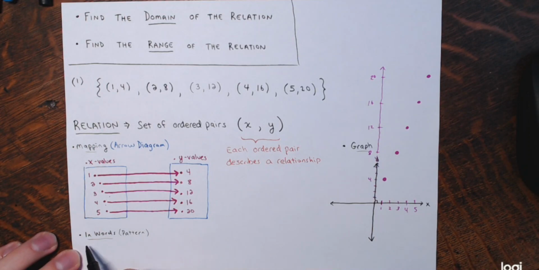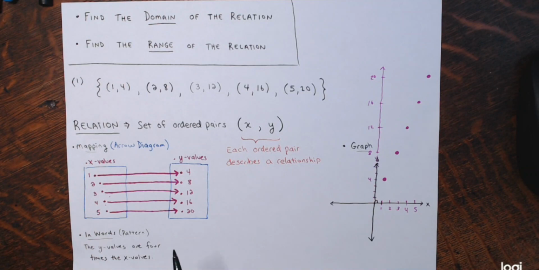So I could describe this in words and say the y values are 4 times the x values. There, I've described in words the relationship between the x coordinates and y coordinates in this particular relation.